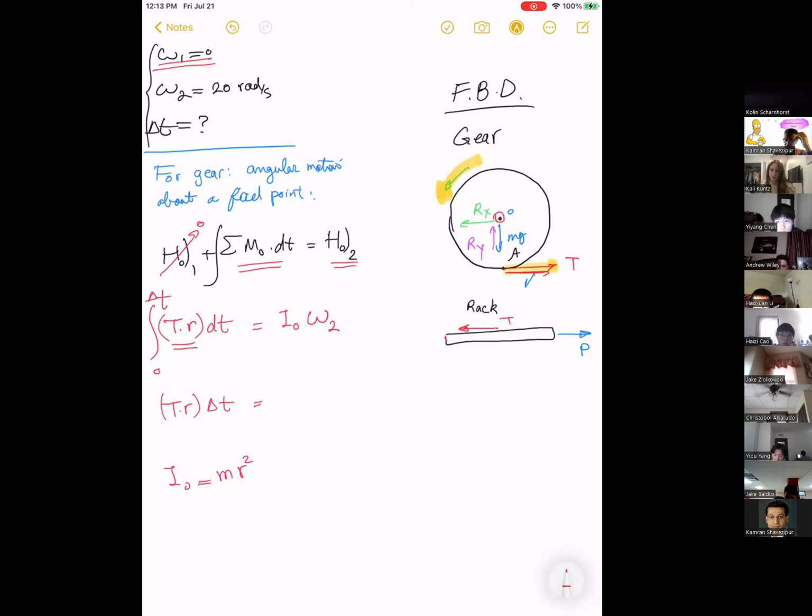So you say I about O is M R squared. Is he right? I'm going to ask Yang if he is right. I think it's right. You think he's right? I'm going to ask Callie, and if she says he's right, we're going to accept it as a fact. Callie, is this right? Is this for the sphere, the gear?